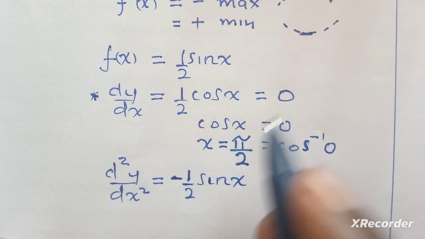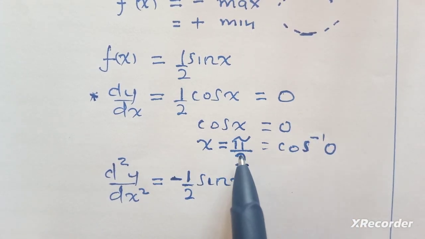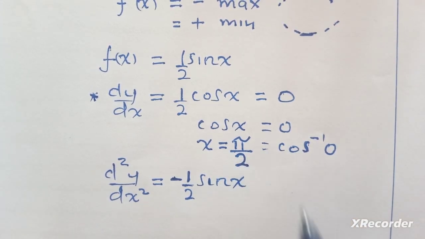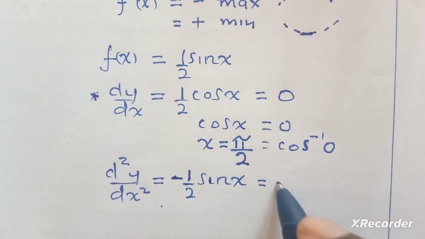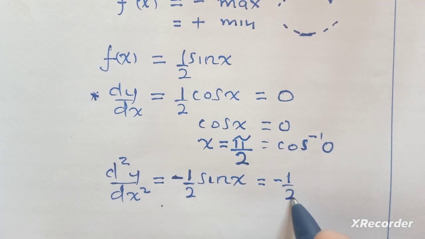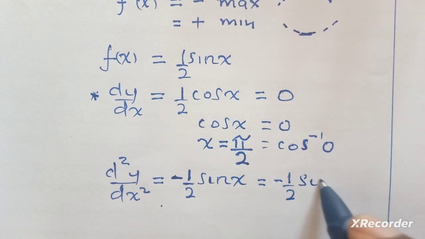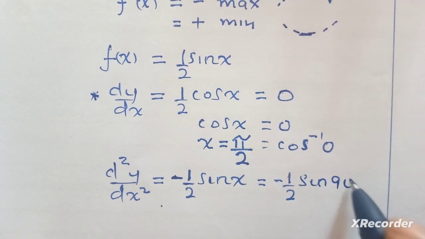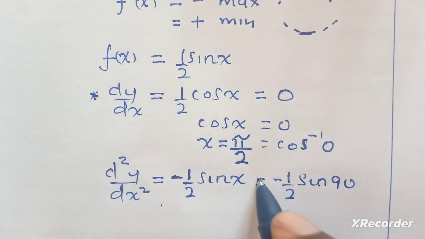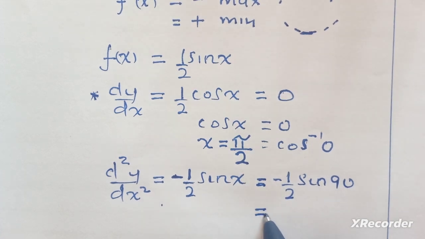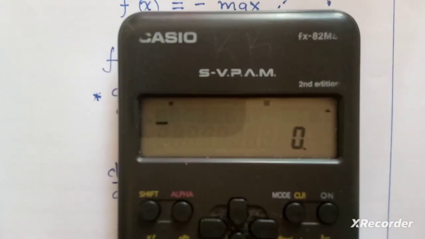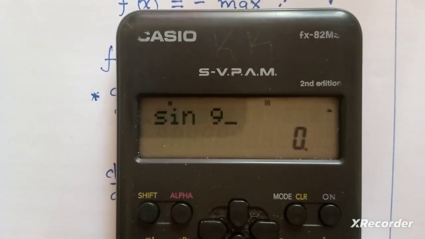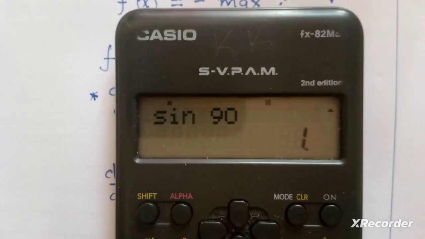So now the x we are having is pi over 2. So that is going to be negative a half sine 90. So let's check what sine 90 is, guys, and see what we get. Sine 90 gives us 1.